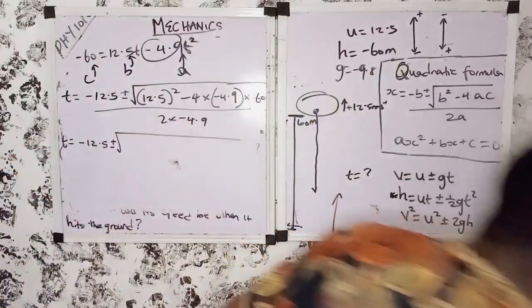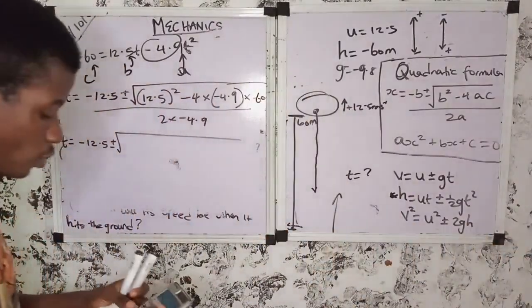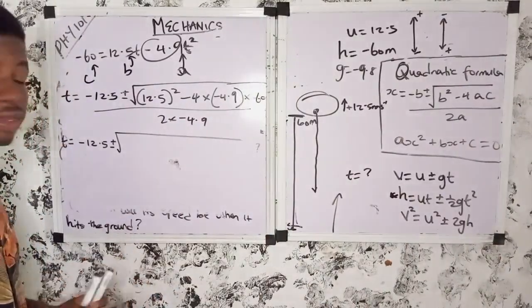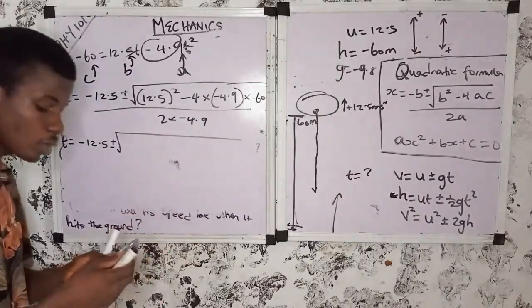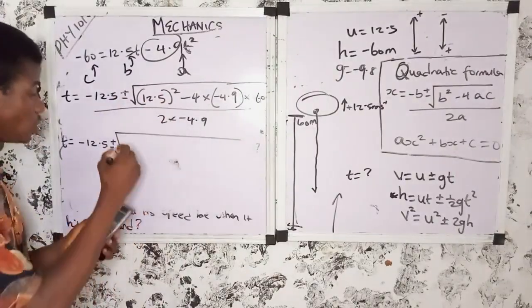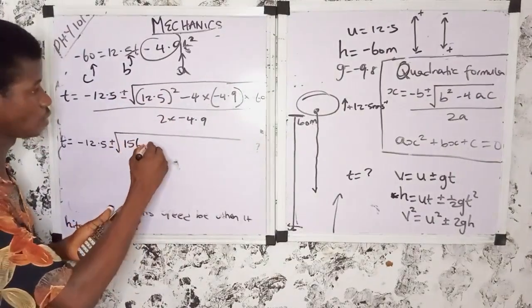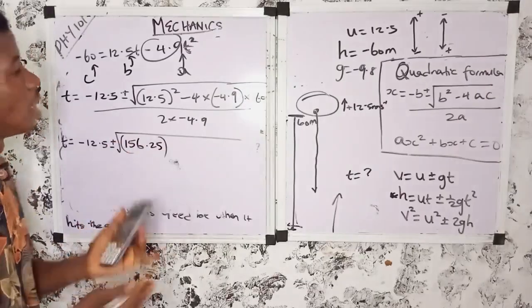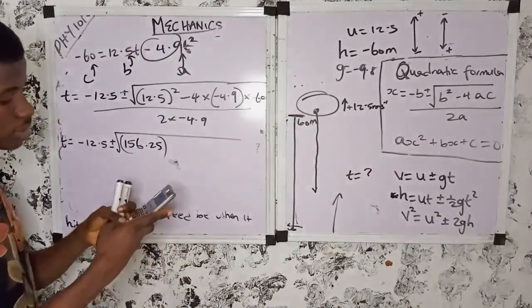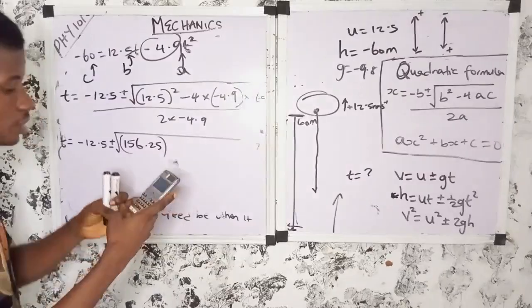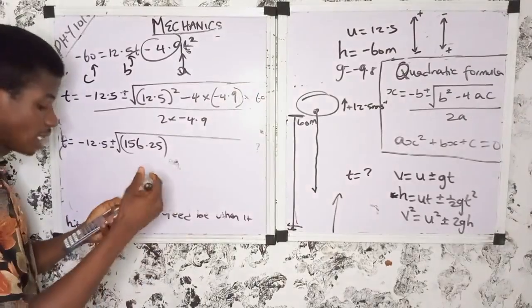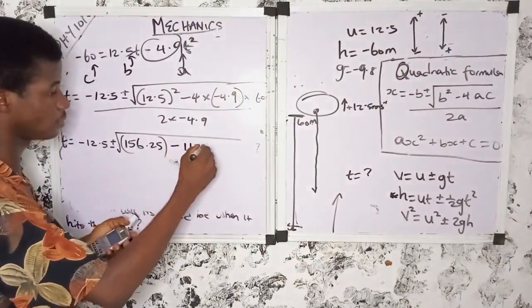Now, the square of 12.5 is 156.25. Then minus 4 times minus 4.9, then times minus 60, will give us minus 1176.